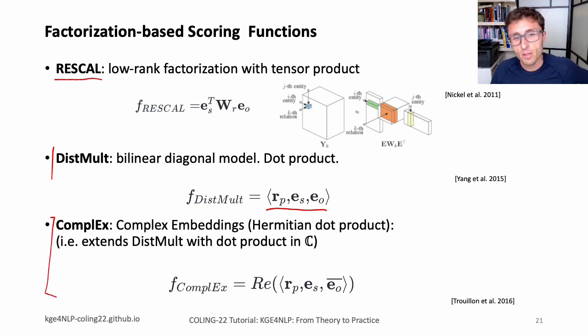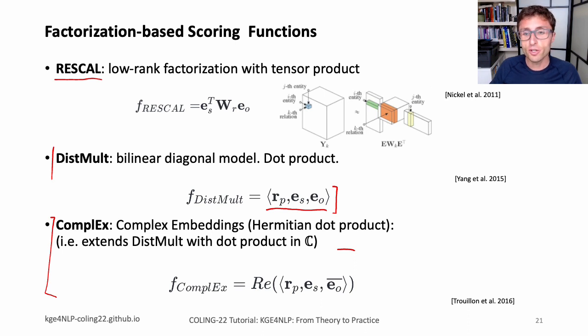And there is an evolution of DistMult, which is the real workhorse of knowledge graph embeddings, called ComplEx. ComplEx is an extension of DistMult in the realm of complex numbers. Now, why complex numbers? DistMult, while being effective, has a shortcoming, which is rooted in the dot product itself. The dot product is symmetric, whereas, as you can remember from the early slides, a lot of triples in knowledge graphs are asymmetric.